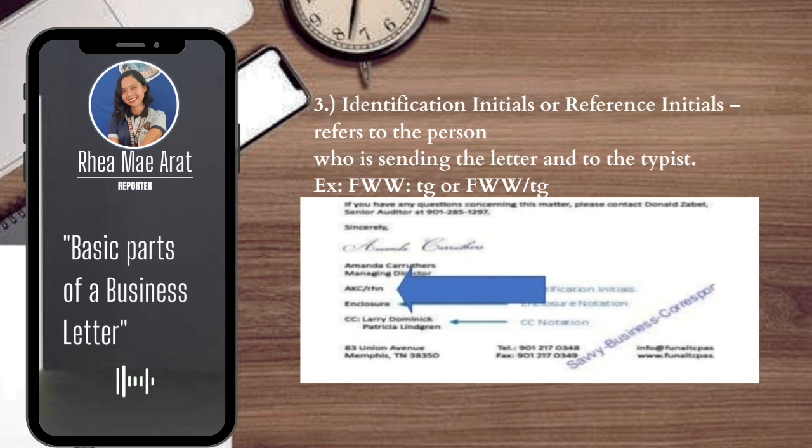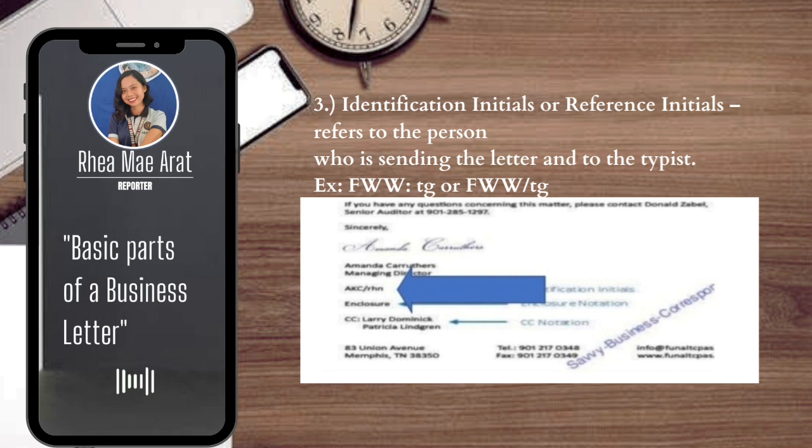Next, just like here in the example, in the photo, AKC/RHN. So the writer or the sender initial is AKC and the typist initial is RHN.